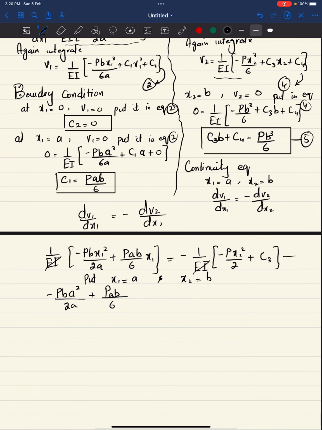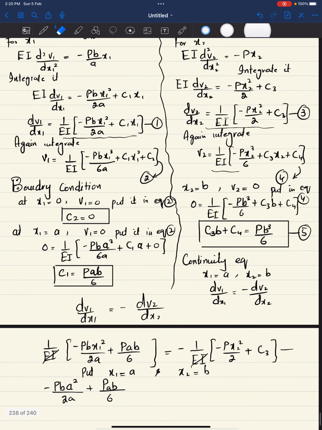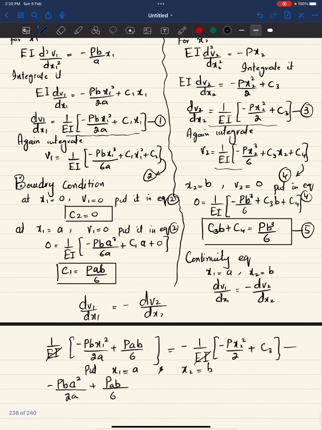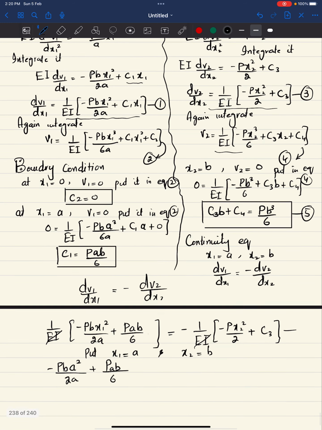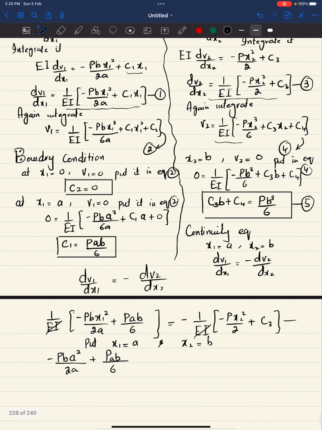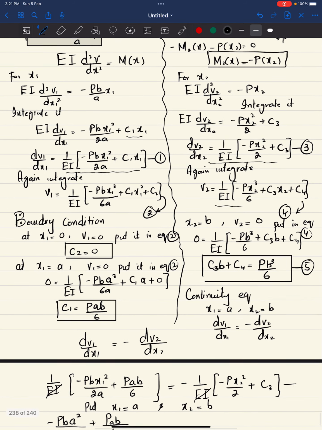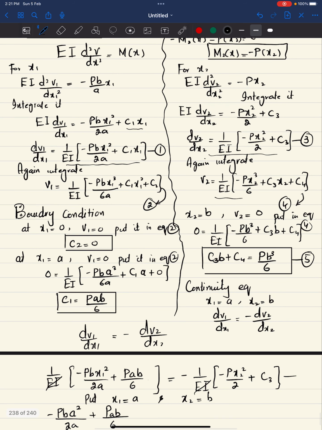So we do not have x1 with C1. You can check over here. Let me show you. This is C1 x1. So C1 is Pab over 6 and x1 is a. Where is, let me check it. dv1 over dx1 is C1.